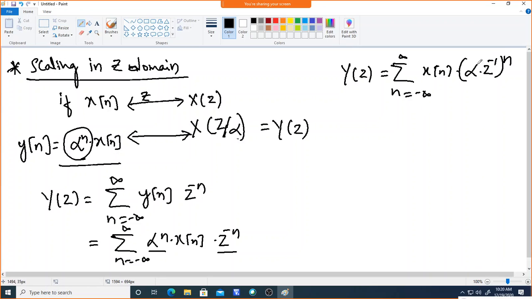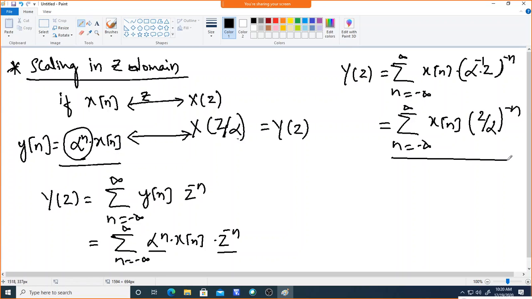Now we have to represent it in terms of minus n, so I will write it as alpha power minus 1 into z, to the power minus n. So now we can write this as summation n equal to minus infinity to plus infinity x of n into z by alpha power minus n. Now this we can represent as x of z by alpha.